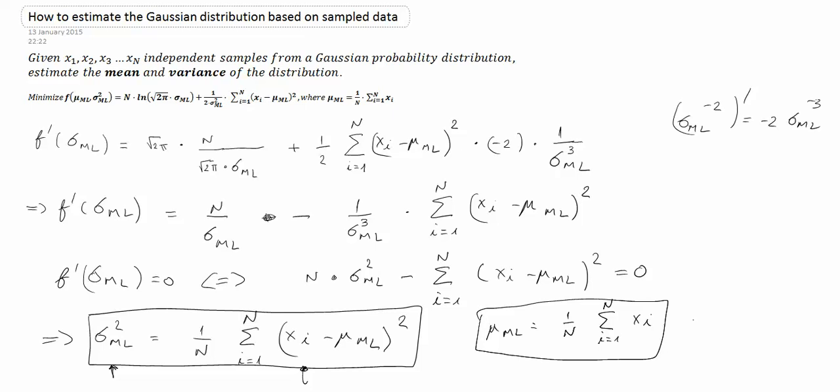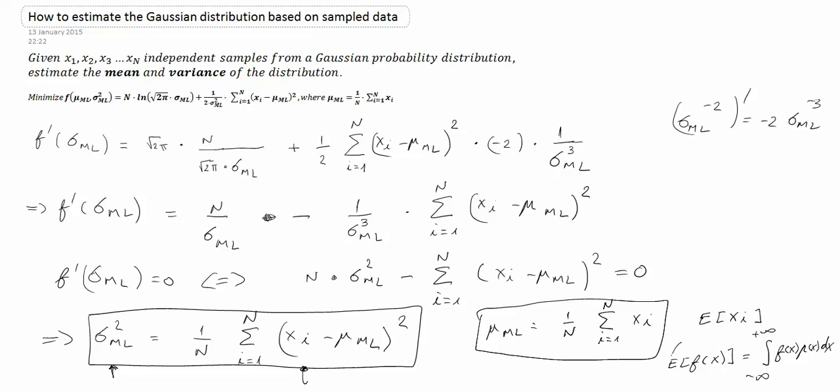have an expected value. So for those of you who are not familiar, E of xi equals, or even better, E of f of x equals the integral from minus infinity to plus infinity of f of x p of x dx.